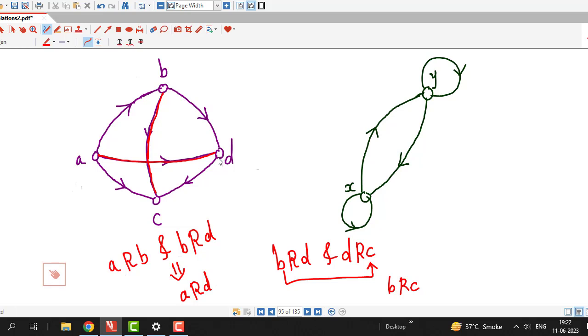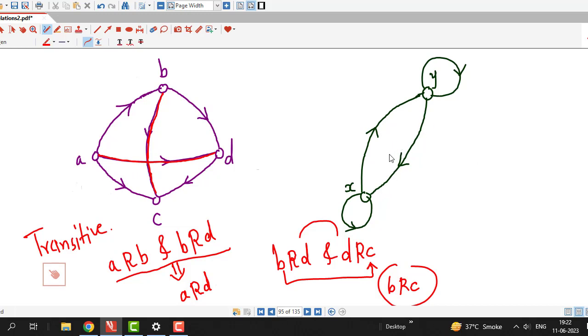Similarly, D is related to C only. So this relation is transitive. We have checked all possibilities. Whenever A is related to B and B is related to D, we have A related to D, and this is also satisfied, and there is no other possibility to check for transitivity. So this is a transitive relation.